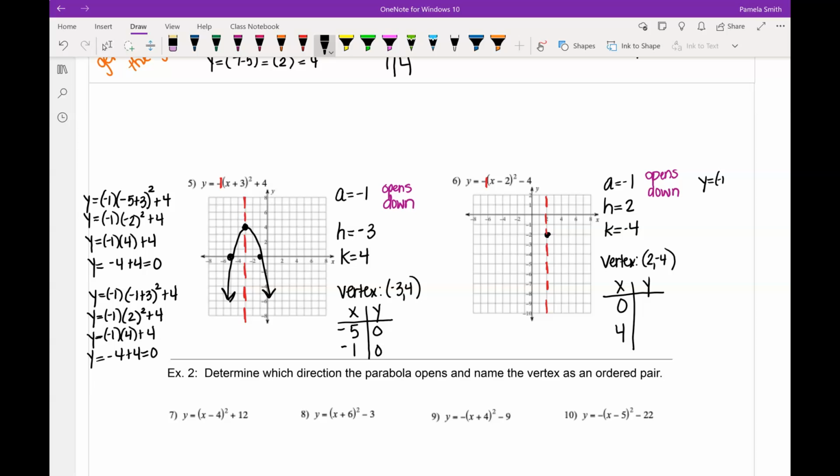So y equals negative 1 times 0 minus 2 quantity squared minus 4. Y equals negative 1 times the quantity negative 2 squared minus 4.